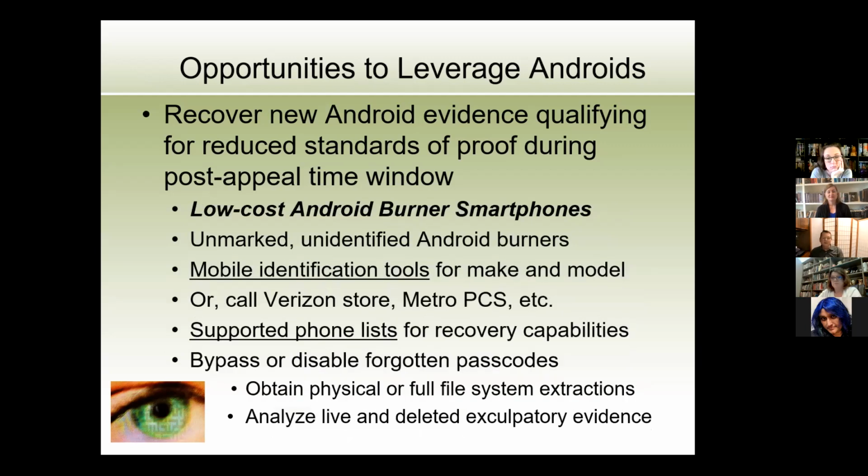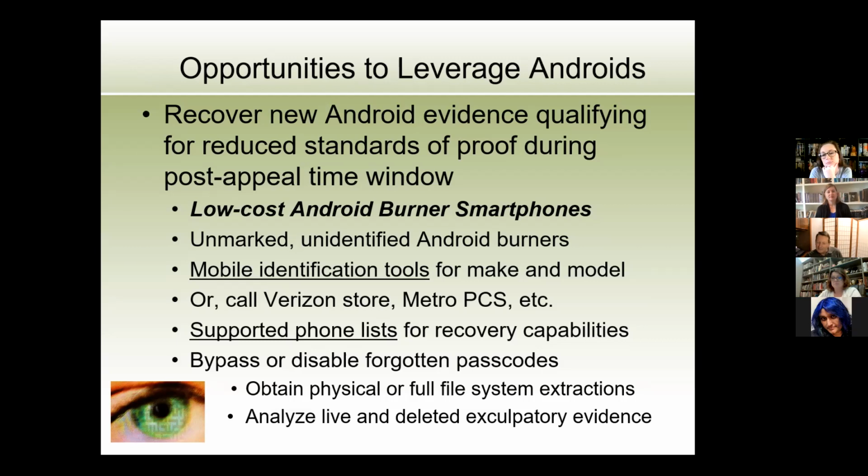And same thing with burners. Burners are sometimes hard to find. It's even sometimes hard to identify a burner. We had one a couple of years ago, and we finally found out it was a Metro PCS. I can't remember exactly how we did that, but we actually called a couple of Metro PCS stores, and we found this really brilliant Metro PCS salesperson who was very technologically sophisticated, who helped us to identify which make and model it was.